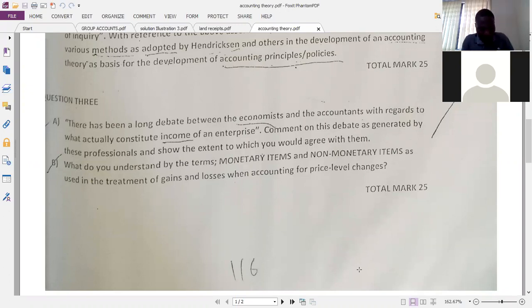Accounting income requires the measurement of expenses in terms of the historical cost to the enterprise, constituting a strict adherence of the cost principle.